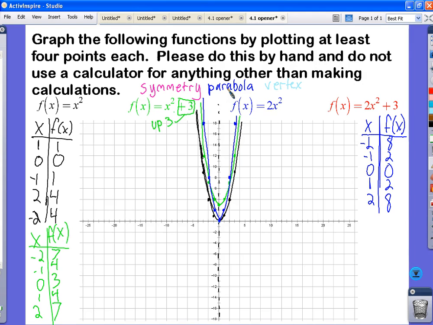From here to here, let's look at the black one. From here to here, we go from 2 to 3. But 2 squared is 4, and 3 squared is 9. When we go to 4, 4 squared is what? 16. What's 5 squared? 25. What's 6 squared? 36.